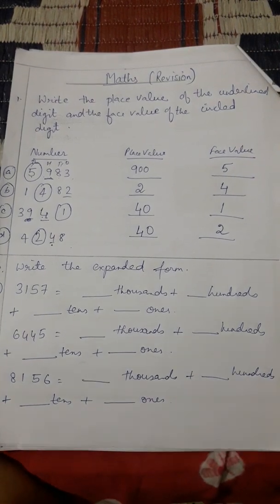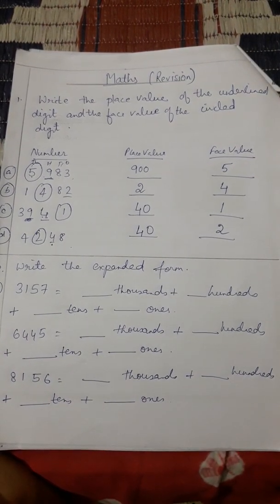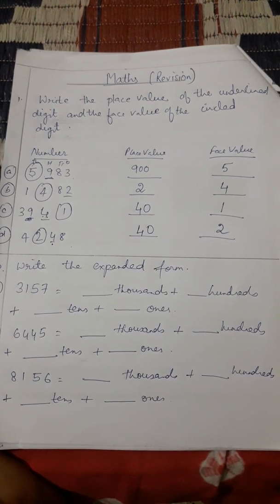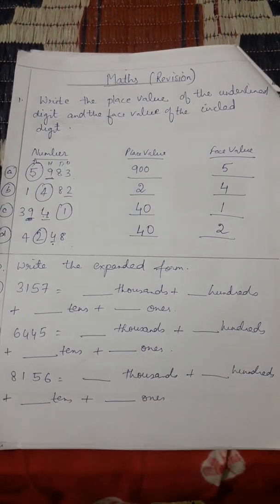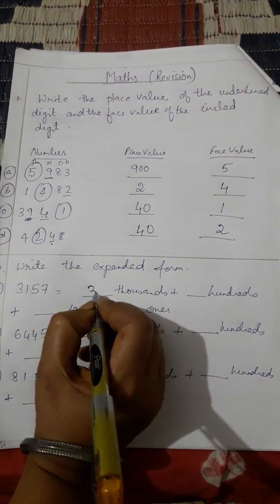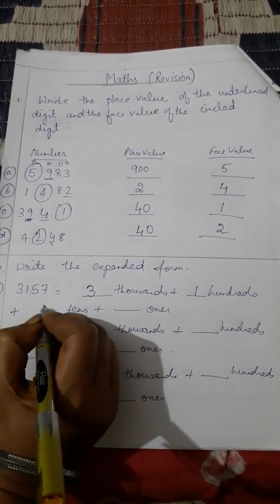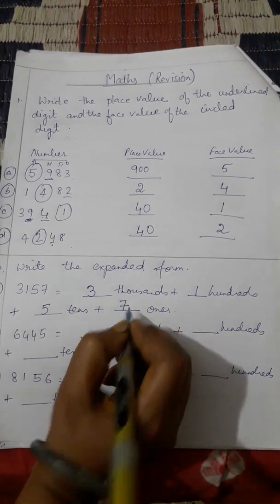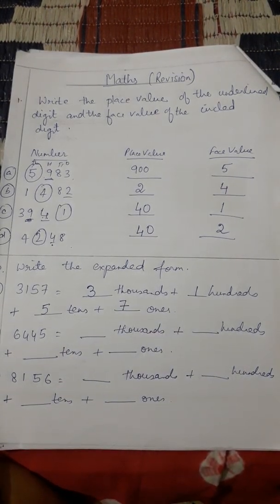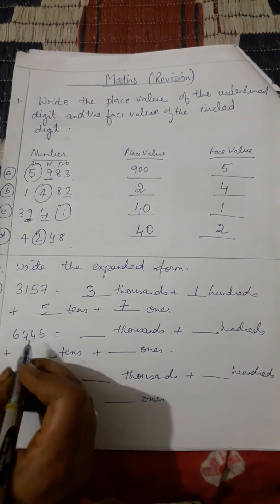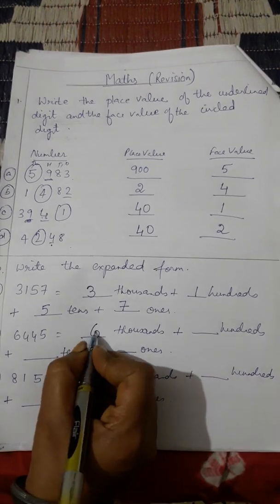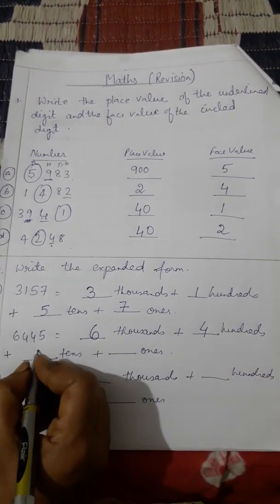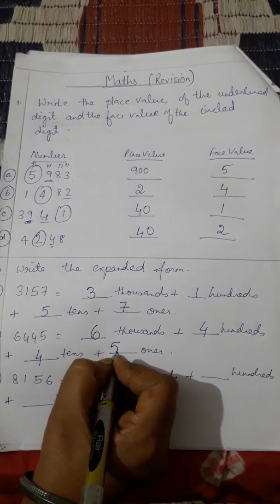Next, write the expanded form. 3 hundreds 5 tens 7 ones. If you expand it, it will be 3 hundreds 5 tens 7 ones. Next, 6 hundreds 4 tens and 5 ones.